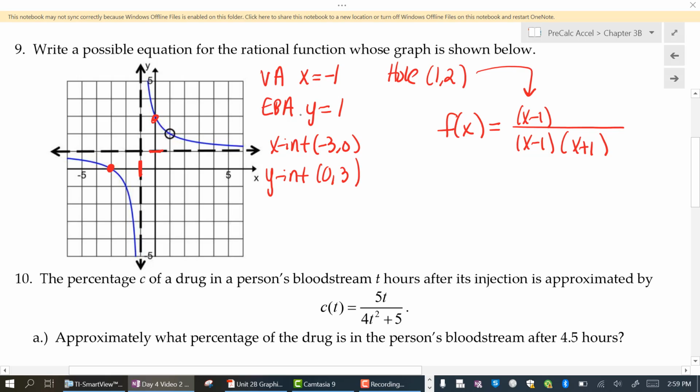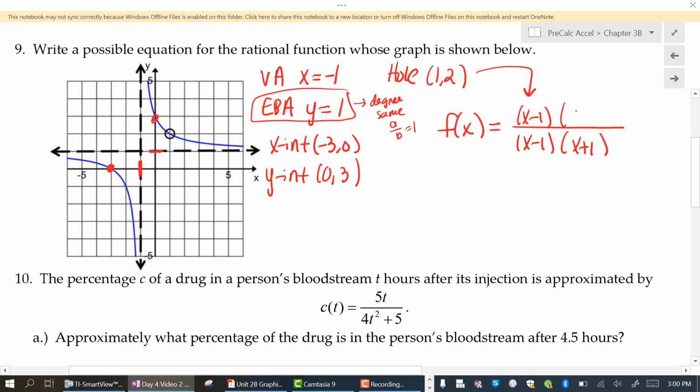Now, to get this end behavior of 1, this means that my degrees are the same, and the ratio of my coefficients is 1. But then I also have this y-intercept and x-intercept of 3 and -3.